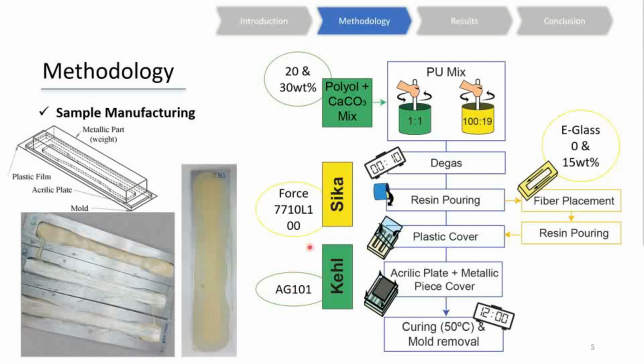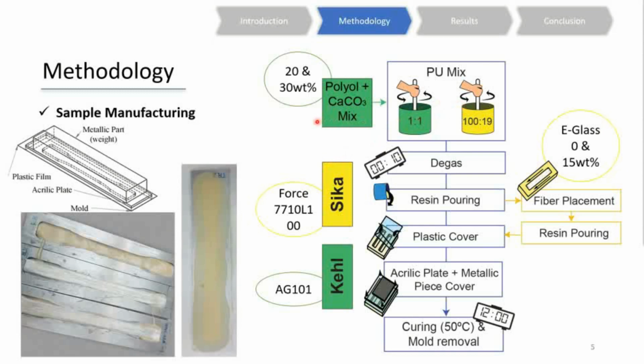The first one was a green polyurethane from a castor oil natural source made by Cal, and that should be mixed in an equal 1:1 ratio. The second one was manufactured by Sika. It was a petrochemical polyurethane, and it should be mixed in a mass ratio of 100:19.